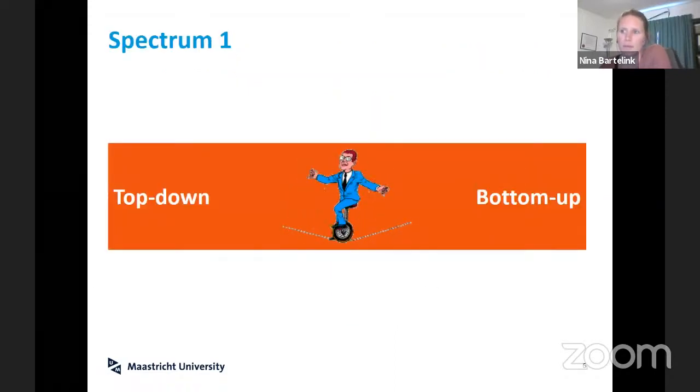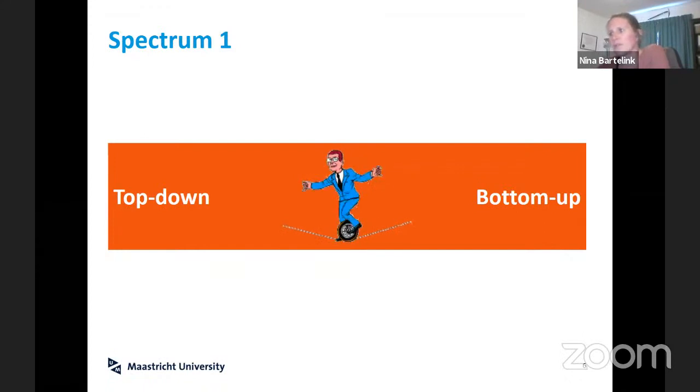Okay, the first spectrum focuses on the involvement of stakeholders. When you lean more to the left side, so more top-down, it means that the intervention package is mainly developed, implemented, and evaluated by people from outside the school, such as health professionals. This can be quite helpful because you can make use of their knowledge, skills, and expertise.